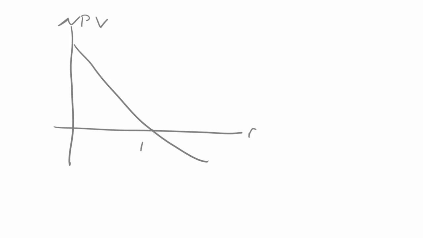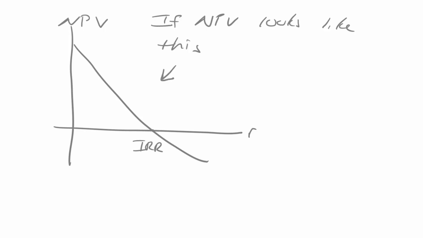So this point here is the IRR. So if NPV looks like this, namely is characterized by this graph, IRR and NPV rules agree.